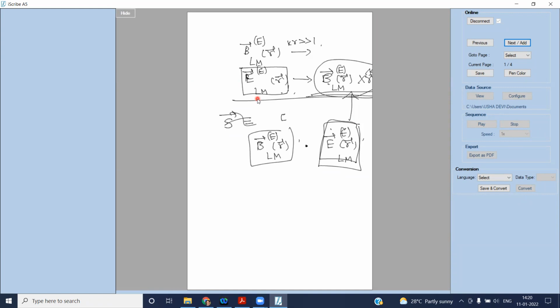Do you know dot product? E is given in terms of B cross R. Can you tell me the dot product of BELM? Don't substitute anything for BELM. Only substitute EELM and tell me the dot product. Do you know the dot product of, let us say, A dot A cross R hat?